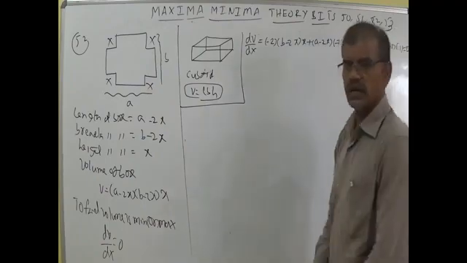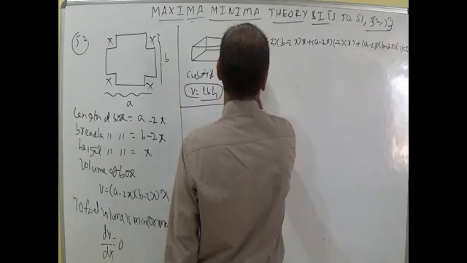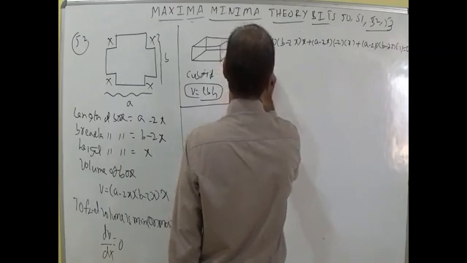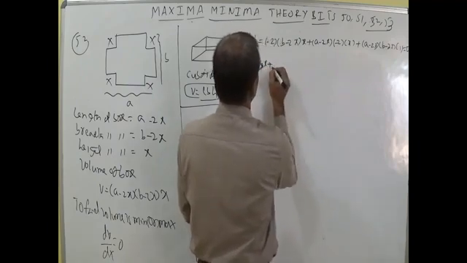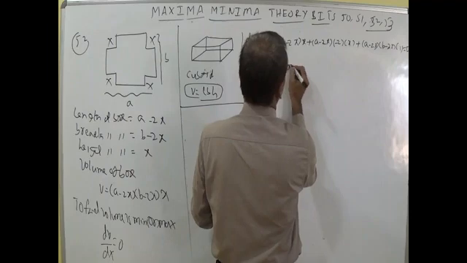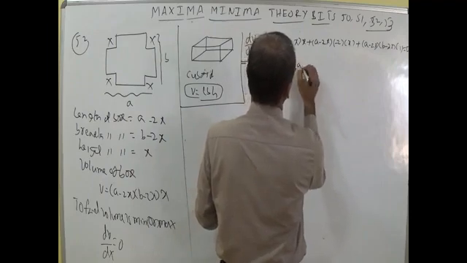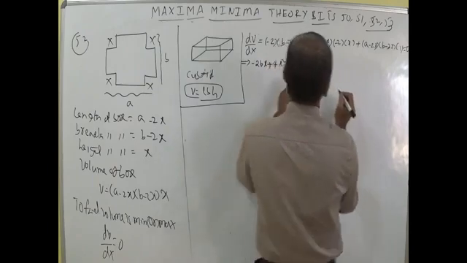We can write this to calculate whether the volume of the box is minimum or maximum. Let us multiply this carefully. Minus 2bx, minus of minus 2 twos are 4x square. Minus 2ax, minus of minus is plus 4x square.